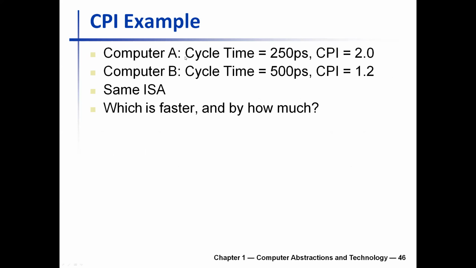Computer A, cycle time 250 picoseconds, CPI 2. Computer B, cycle time 500 picoseconds, CPI 1.2. Uses the same ISA, runs the same program. These CPIs are given based on a certain program. Which computer is faster, and by how much?